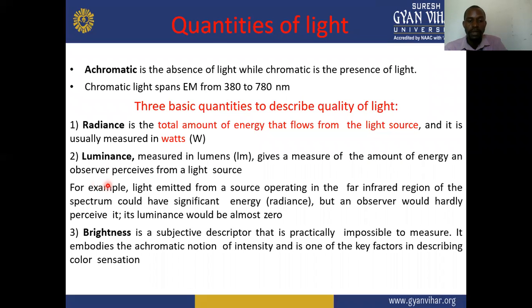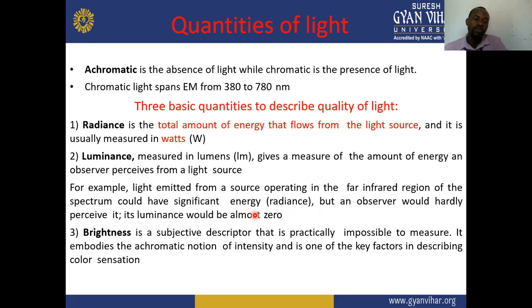So, for example, light emitted from a source operating in the far infrared region of the spectrum would have significant energy that is referred to as radiance, but an observer will hardly perceive it. So its luminance will be almost zero.